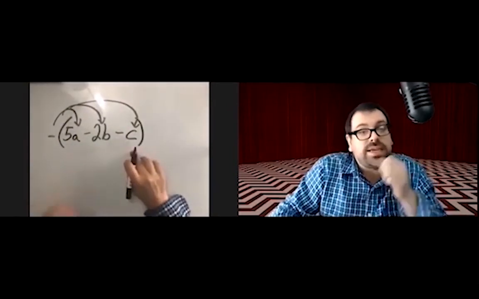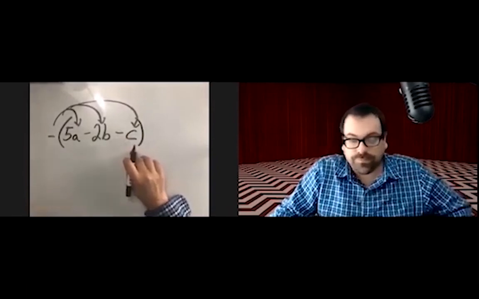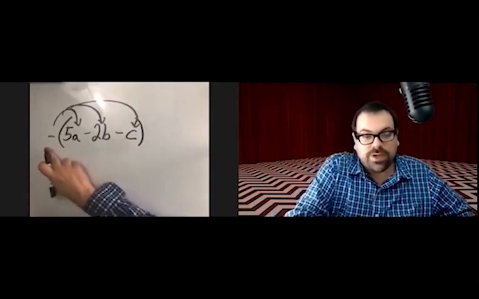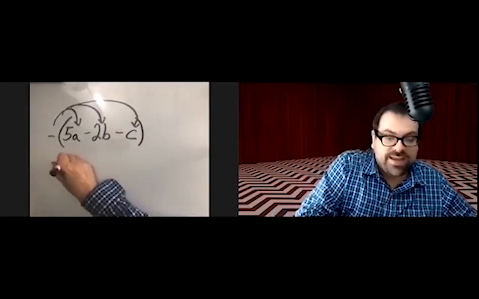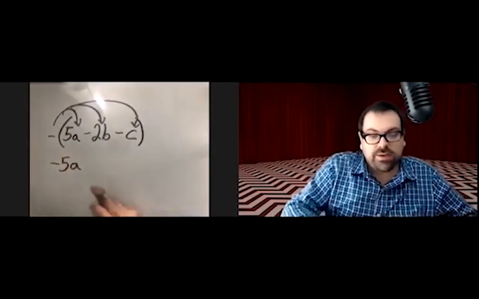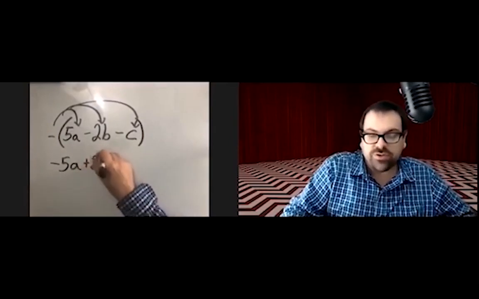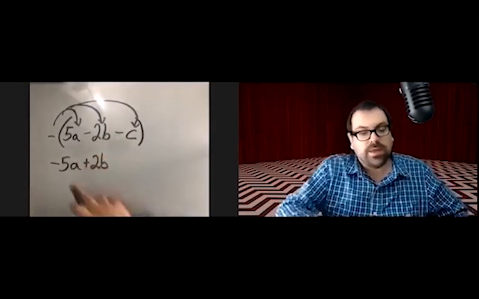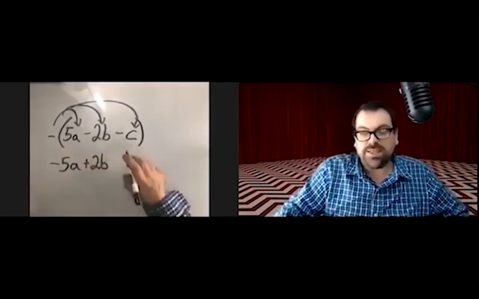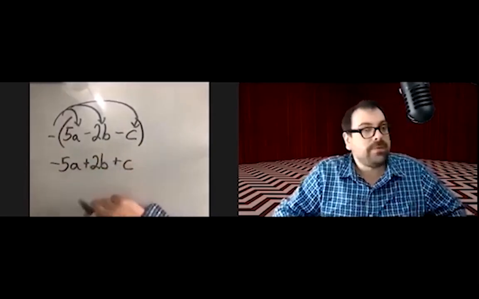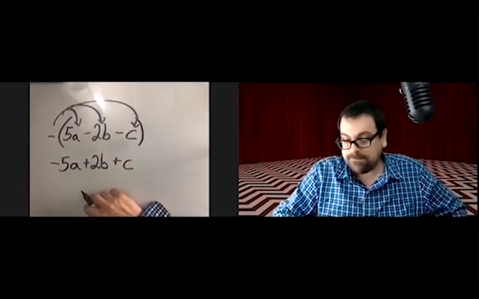taking the opposite of each term. So the opposite of positive 5a is negative 5a. The opposite of negative 2b is positive 2b. The opposite of negative c is positive c.